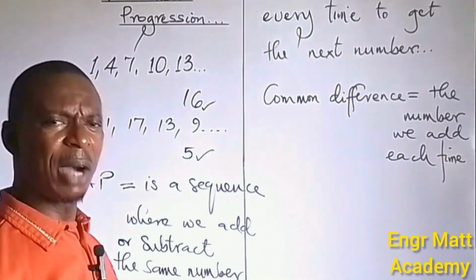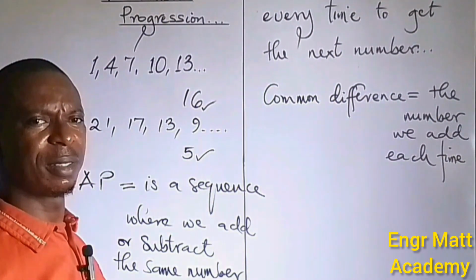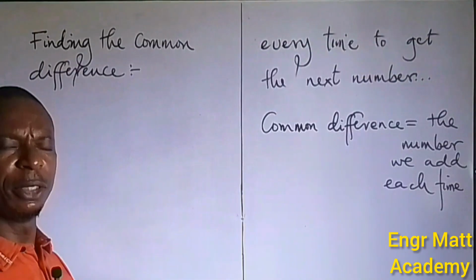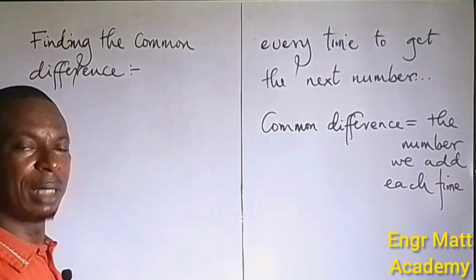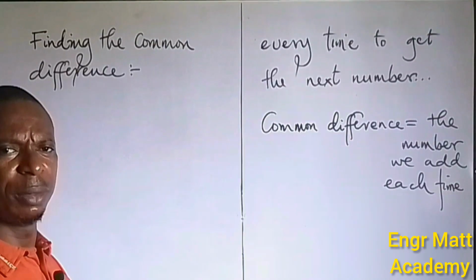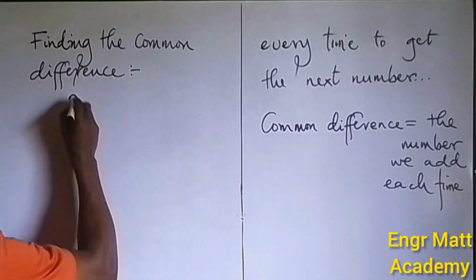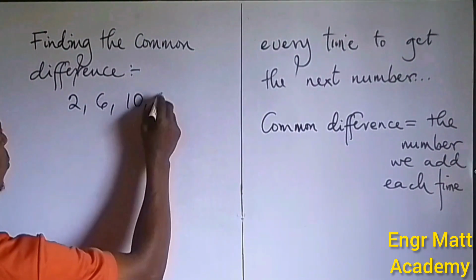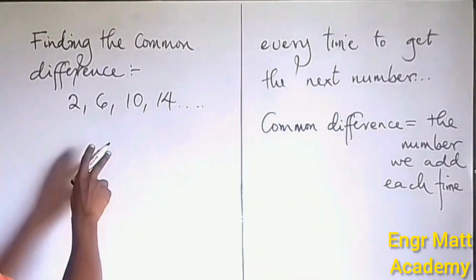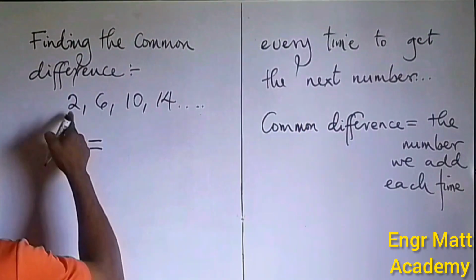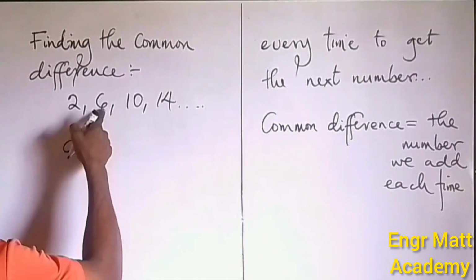But how do we find the common difference in a sequence? To find the common difference, we subtract each term from the one that follows it. How do I mean? Let's say we have 2, 6, 10, 14, and so on. How do we find the common difference? Subtract each term from the one that follows it.